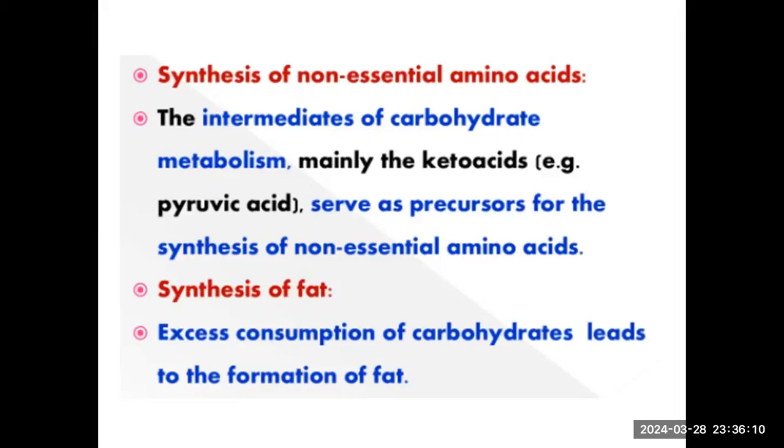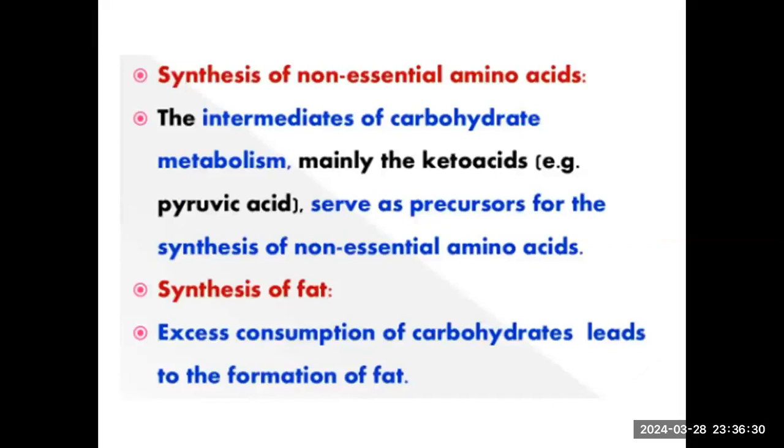The intermediates of carbohydrate metabolism, mainly the keto acids, for example, pyruvic acid. When we oxidize glucose through the glycolytic pathway, the last step is the formation of pyruvic acid.